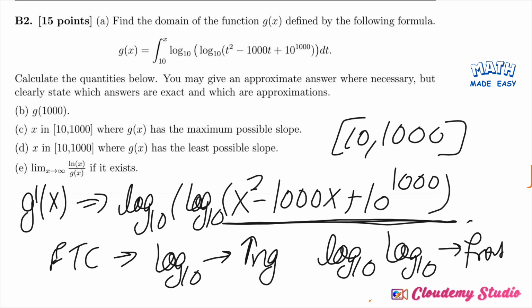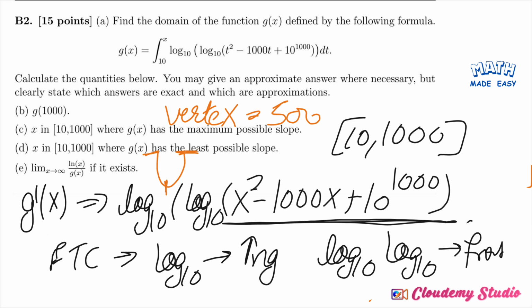Now this particular parabola takes its minimum value at its vertex, and we have to find the maximum. The vertex here will be 500. By symmetry of the parabola, the maximum value occurs at the endpoints, obviously, far from the vertex of the parabola.